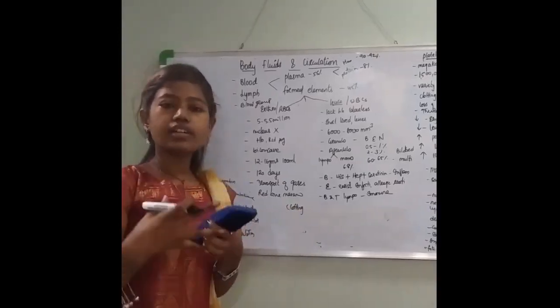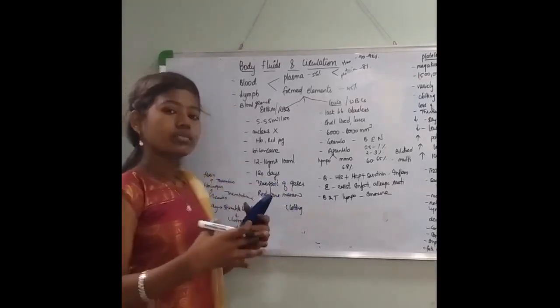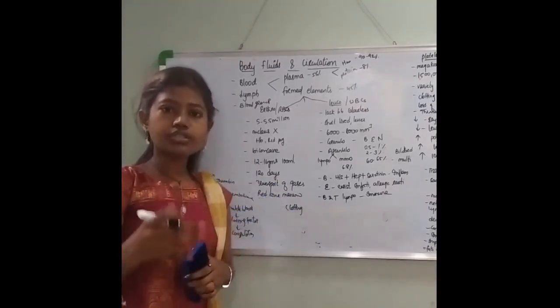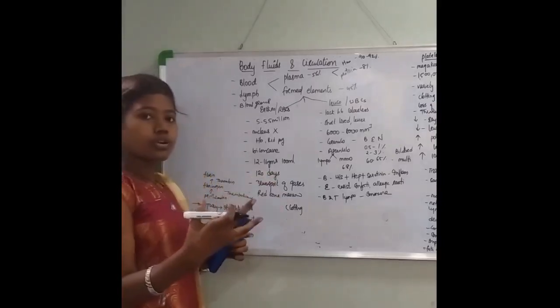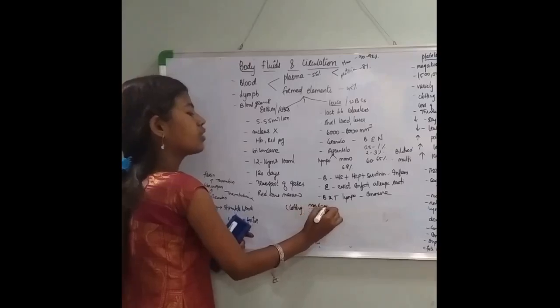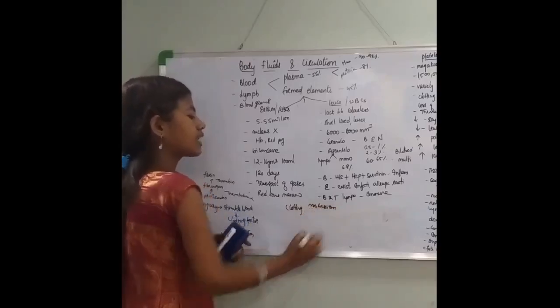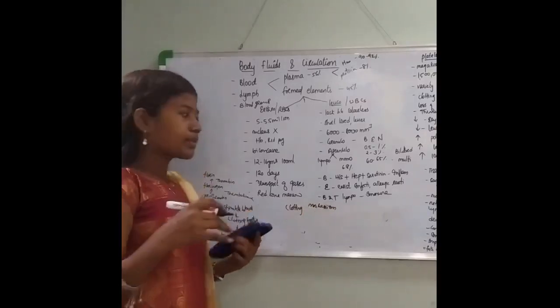Your body has a protective mechanism to stop this, which prevents the excessive loss of blood from your body. This clotting mechanism is called the coagulation mechanism. Now what is this? After a certain period of time, your blood stops, right?